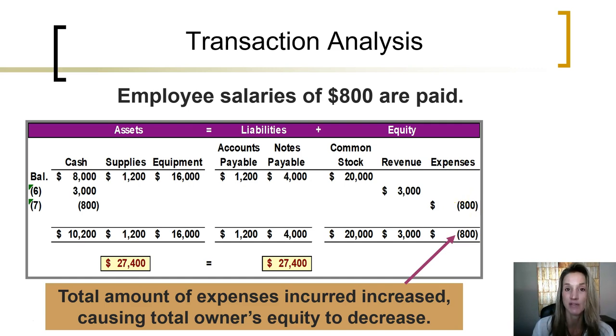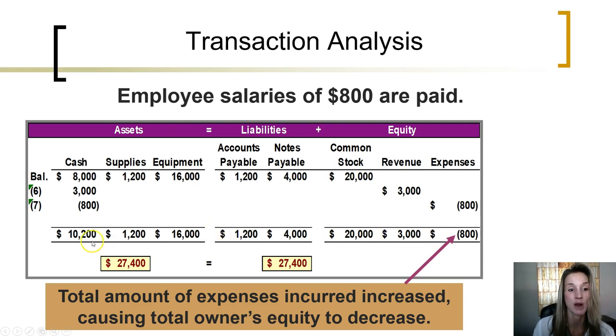As the amount of expenses recorded increases, they cause overall equity to decrease. So it may look here like we are decreasing the expense account, but those parentheses are a way for us to remember that as the balance or the amount of expenses recorded increases, these expenses decrease equity.